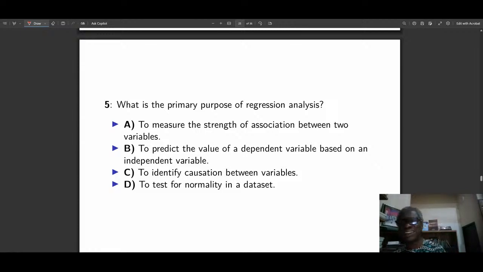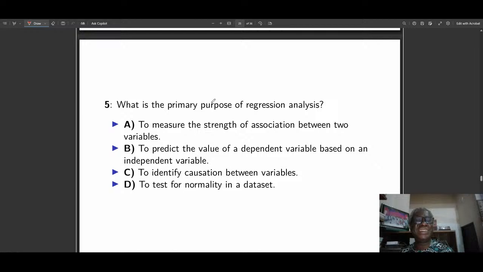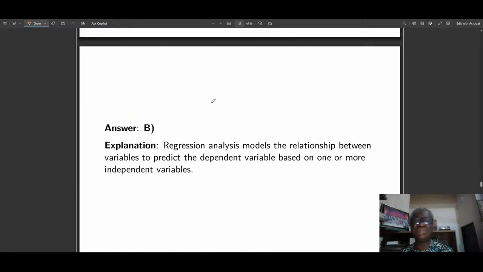Most likely, a lot of you will already know. The majority are choosing A, and I don't know why you are choosing A. The correct answer for 5 is B. I think I emphasized that so much.